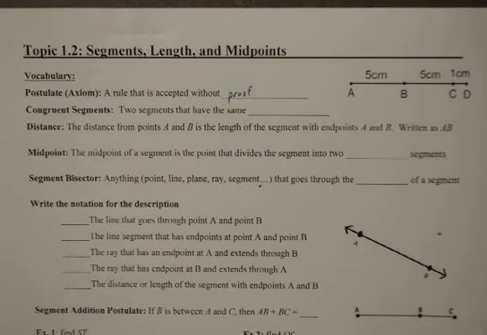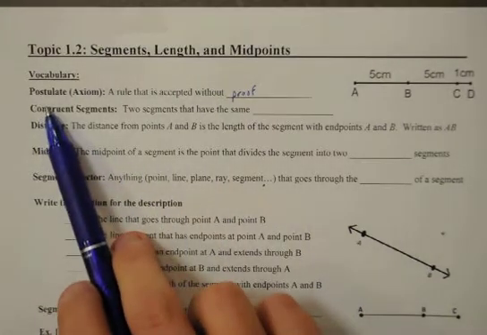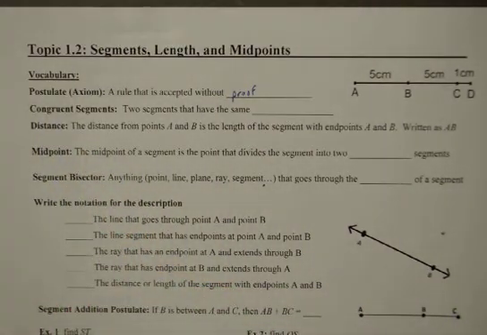Some people think that they do, some people think that they don't, and there's no proof either way. It's just something you assume is true. There are all sorts of things that we assume are true. In geometry, we have postulates, things that we assume.